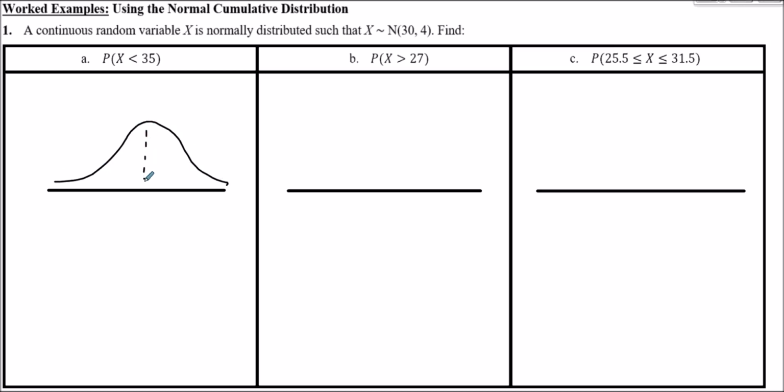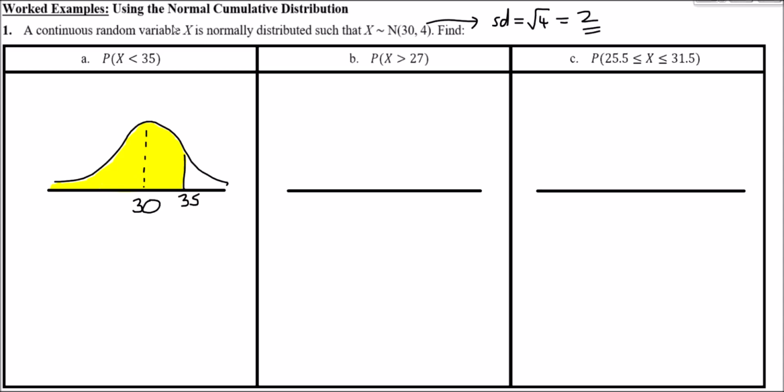So the mean's 30. Importantly, the standard deviation is a square root of 4, which is 2. And I want to find this region here on the left, so all the way up to 35. So as you can see, it's bounded on the higher end by 35. We want everything up to 35 but no higher, and it's not bounded at the lower end.